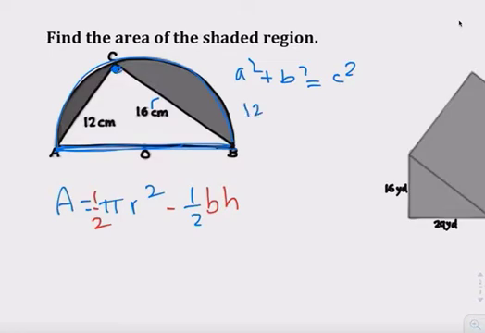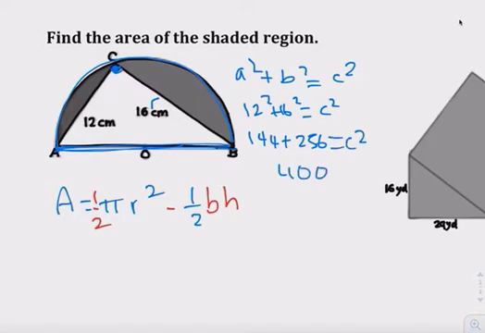So 12 squared plus 16 squared equals c squared. 144 plus, that's 16 squared, sorry. 12 squared is 144. 16 squared is 256, equals c squared. That's 400 equals c squared. Find the square root. That is 20. So this whole length is 20.